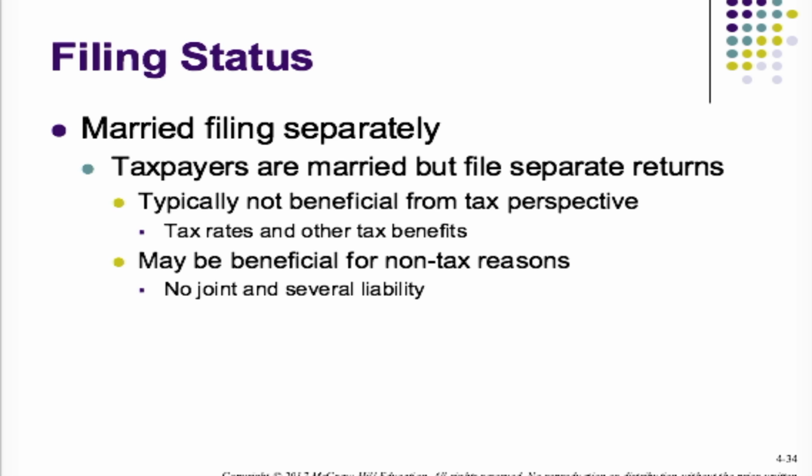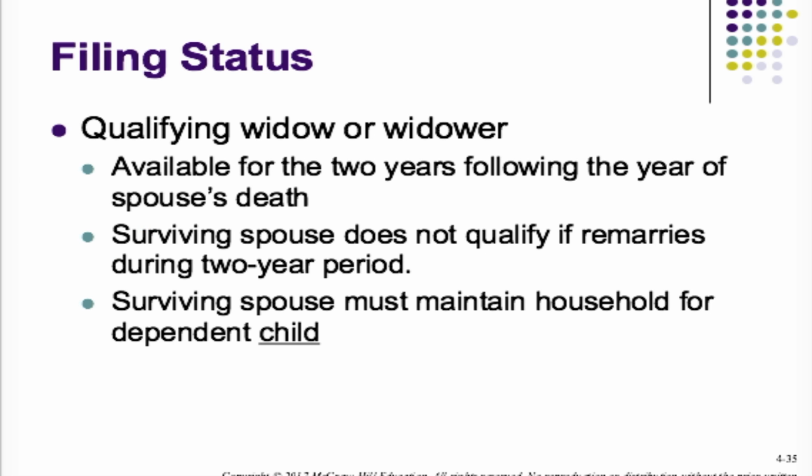So if one spouse is fraudulent on their tax return, the other spouse is not going to be liable for that. And there are some protections against that even in a married filing jointly situation if it can be proved. But just on the face, you're not liable for your spouse's tax situation if you're filing separately.